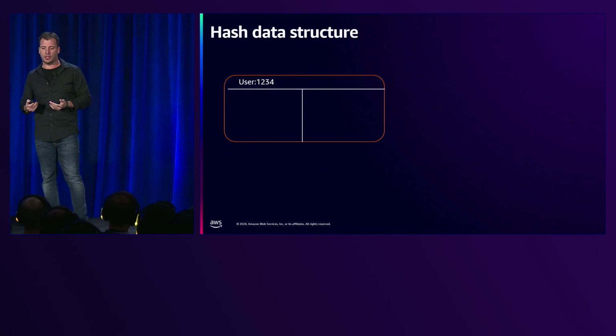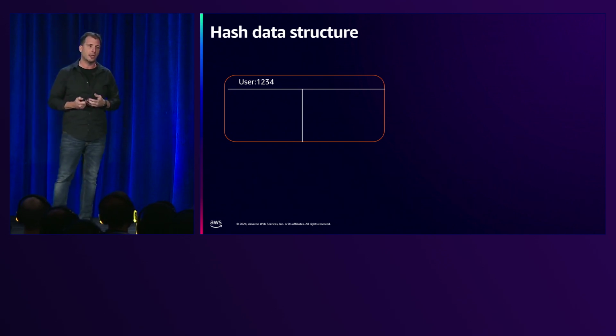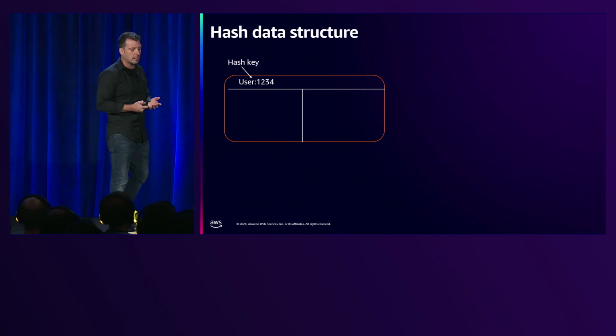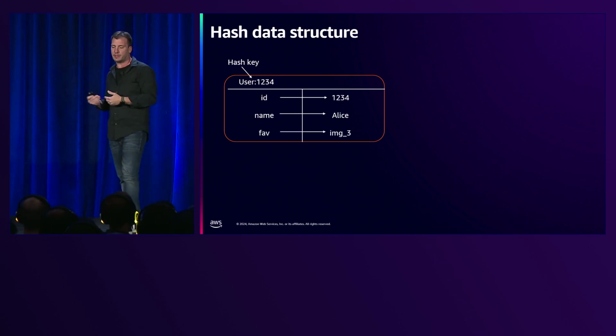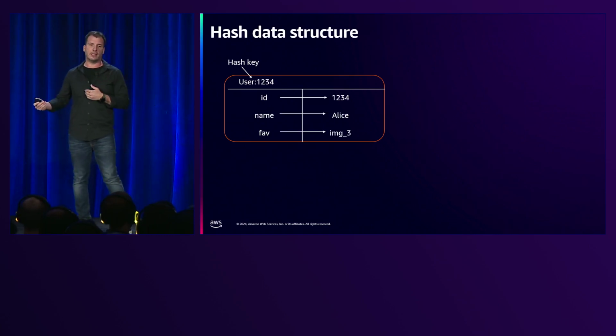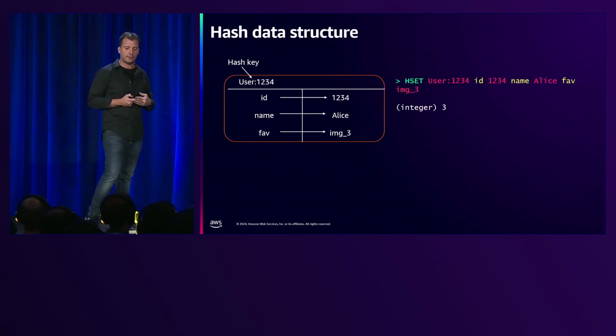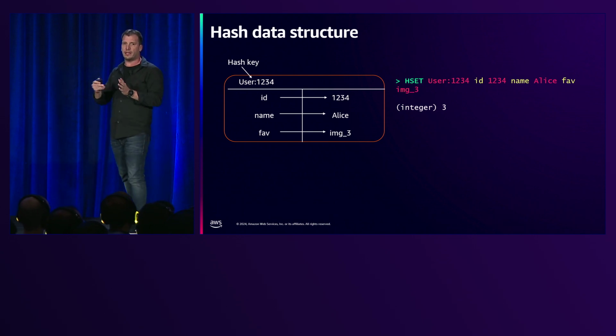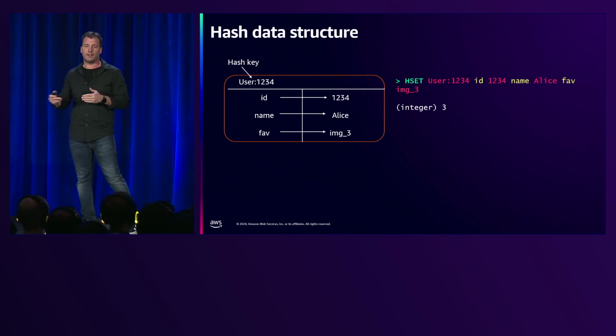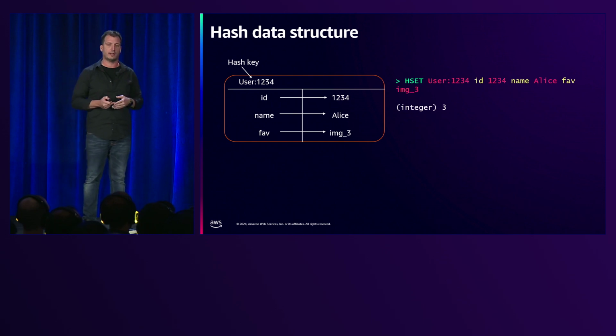It's very common to use a hash data structure to store the session data. The way that we use hash data, we first have the hash key that is the identifier of the hash, and we have keys and values respectively, where the ID is mapped to the value itself. To build that, we can use the hset command with the ID of the hash, and then we can have a list of key-value pairs of the hash itself.